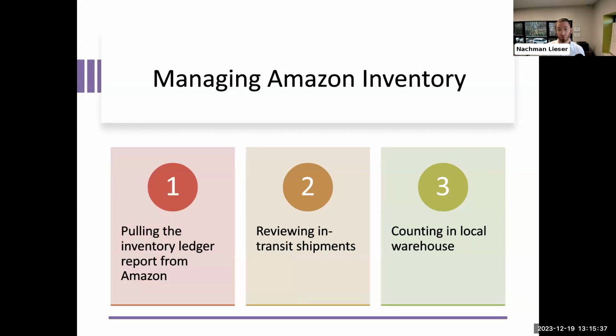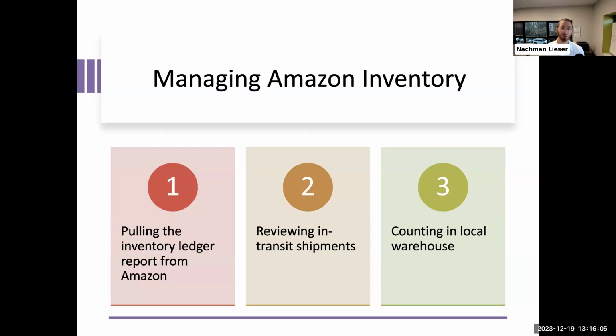The biggest challenge with this is number 2 on my sheet, which is in transit. When you ship a lot of inventory to Amazon, Amazon doesn't have a proper report of what's in transit, which makes it very confusing. For example, if I take 1,000 units of my inventory and ship it to Amazon, let's say Amazon only received 500, and the other 500 could take another 2 weeks to be received.